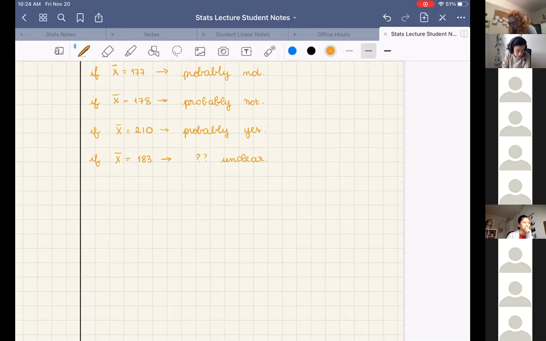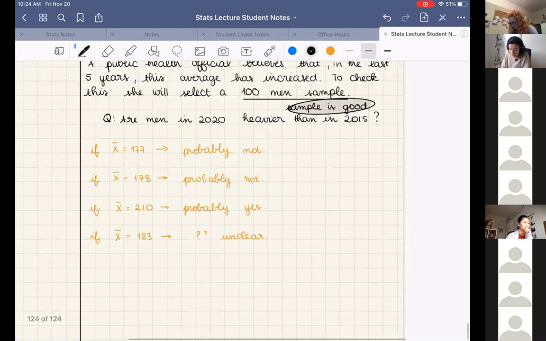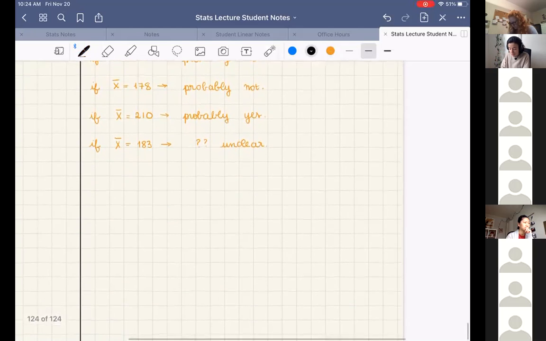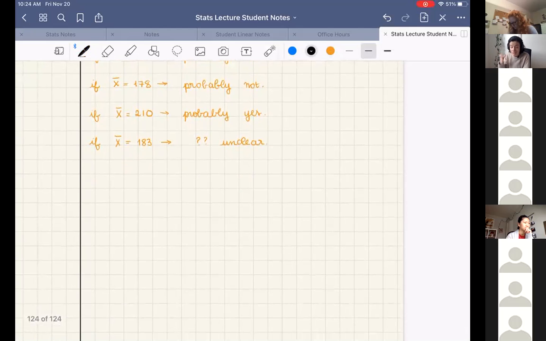All right. Well, to do this, this is the idea that I want to instill in you, which is that we need to try to determine that boundary that is going to separate the results that will convince me that the mean is larger from the results that will not convince me that the mean is larger.